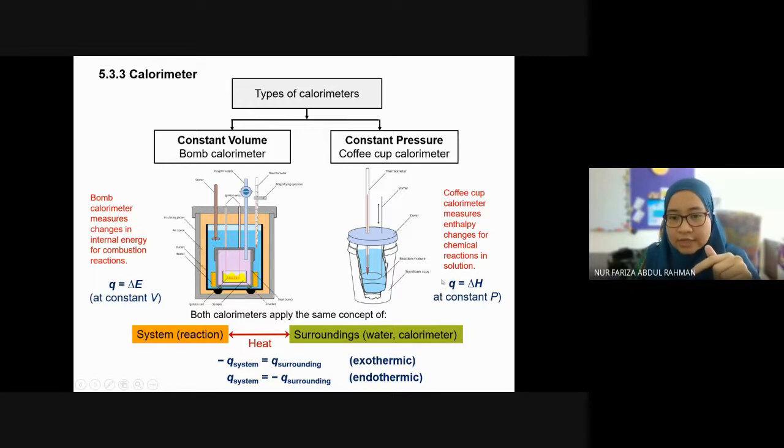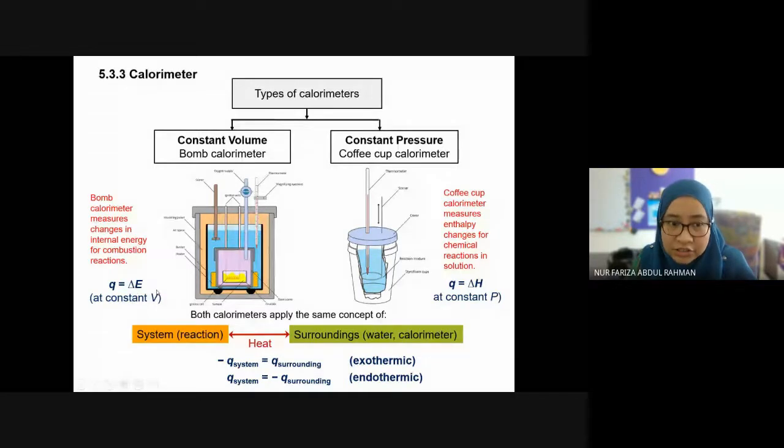One thing that I would like to highlight is that the Q is equal to the enthalpy change. If the question is highlighting the enthalpy change, which is delta H, you should know that it is also equal to Q divided by mole of the substance given. So basically, the formula is the same, it's just the representation used.